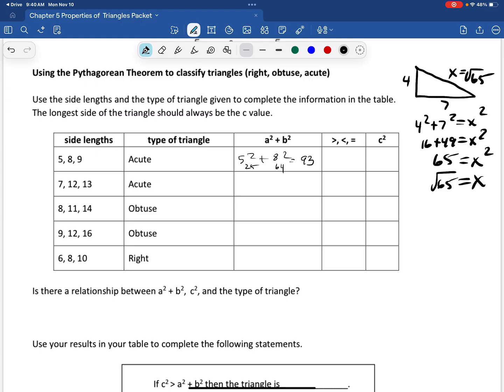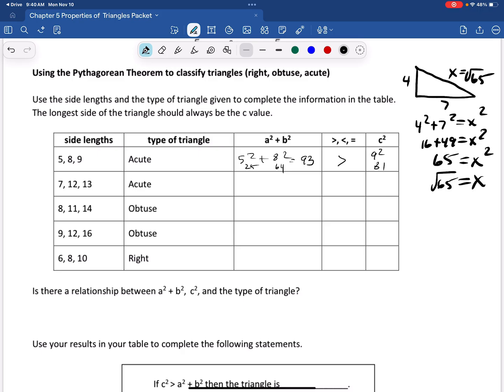And 9 squared is 81. And so we have 93 is greater than 81. All right, and then let's look at the next one.